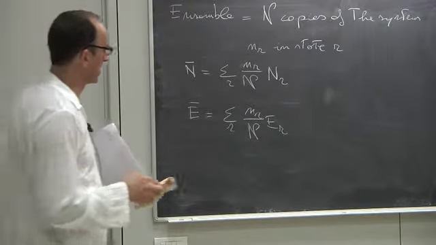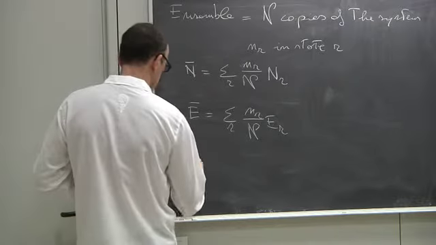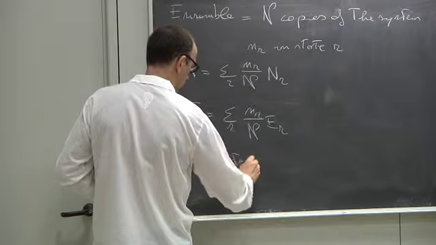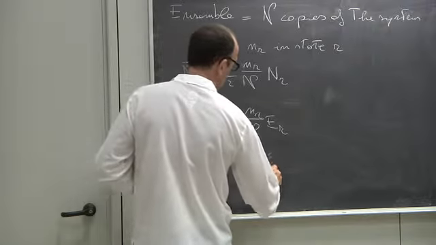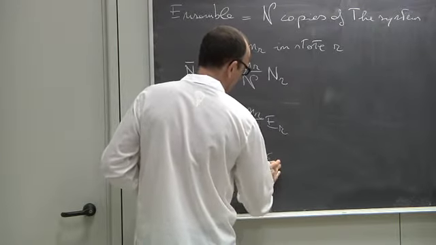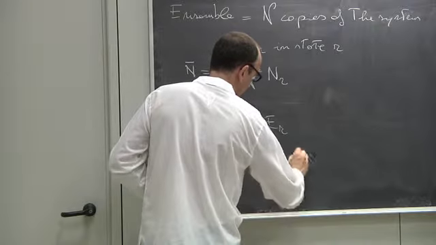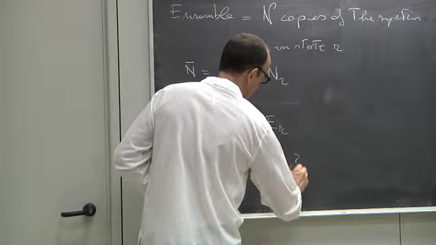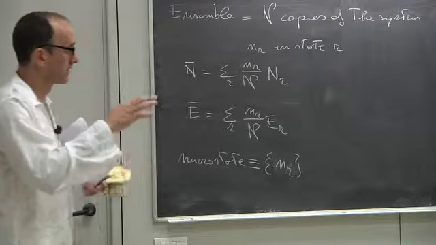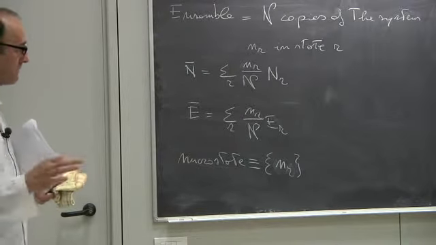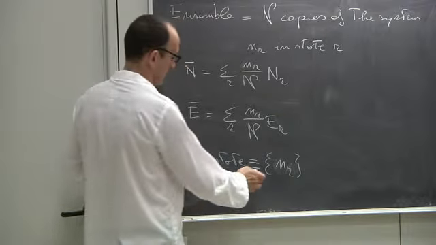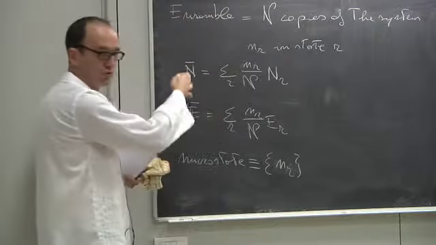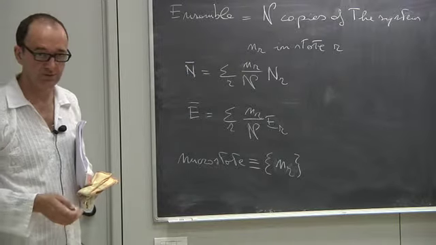So a microstate is equivalent to an assignment of the population of copies of the system in my ensemble on the states of the system, such that these two conditions are satisfied.